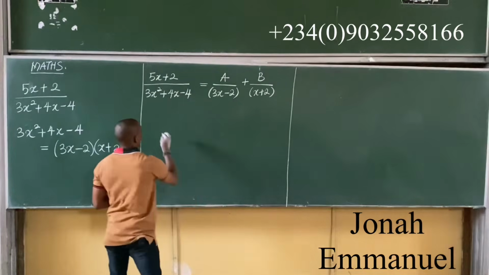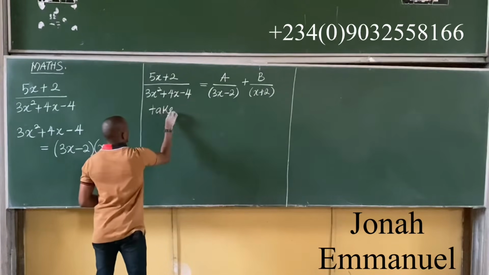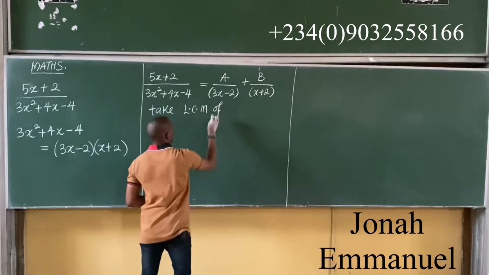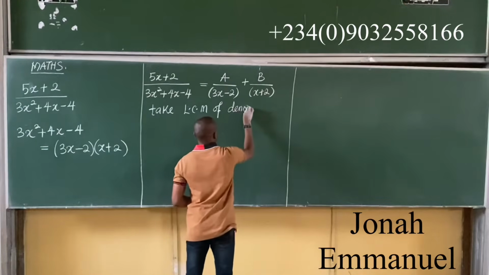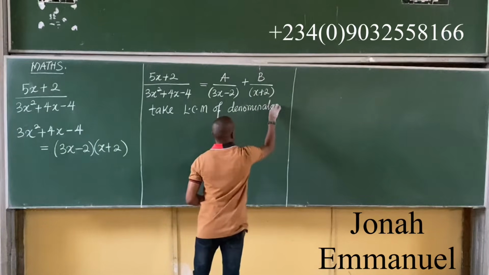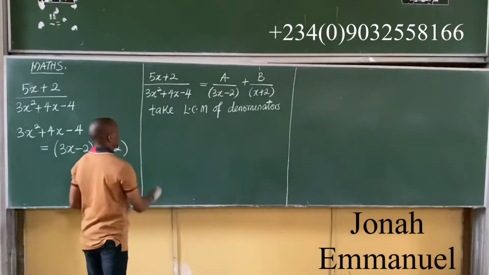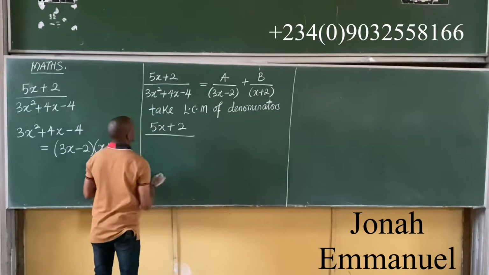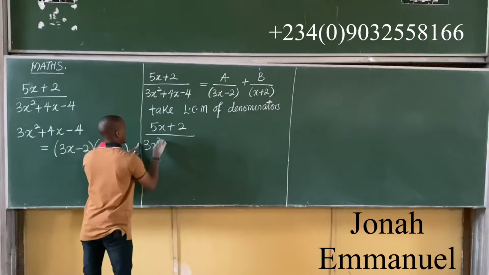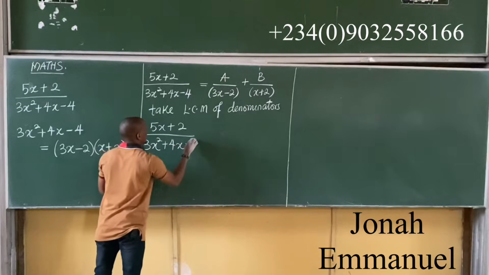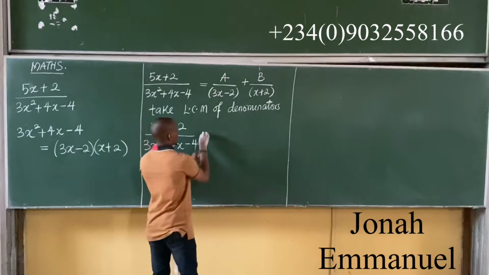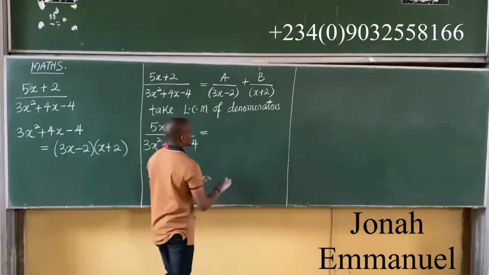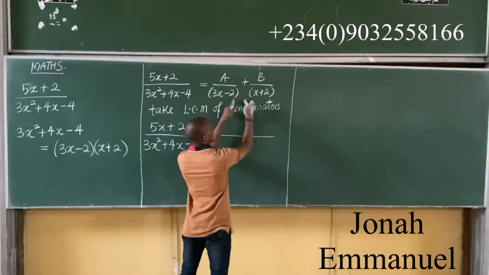So from here, I will take LCM of denominators. If I take LCM, this gives you 5x plus 2 all over 3x squared plus 4x minus 4 equals, we said from our first example, your denominator is usually these two being multiplied.